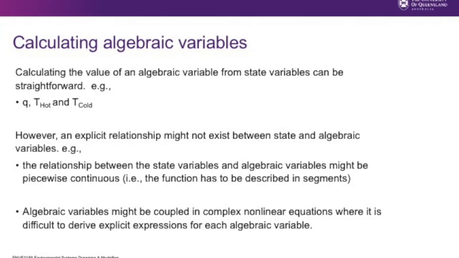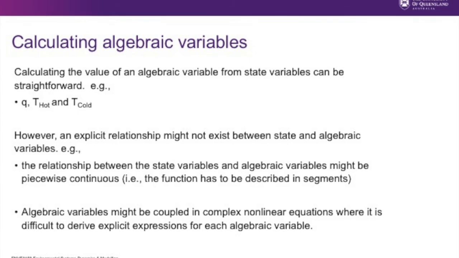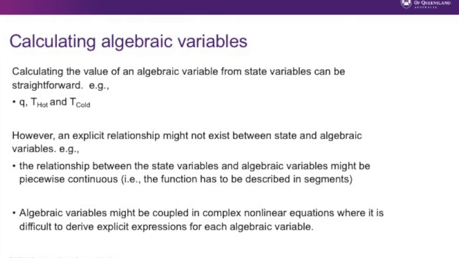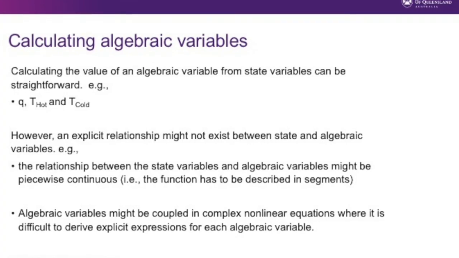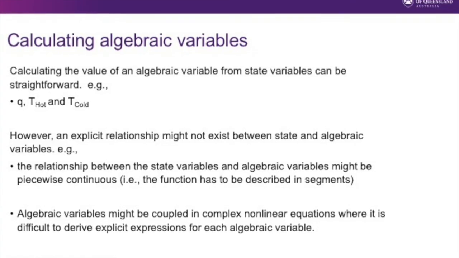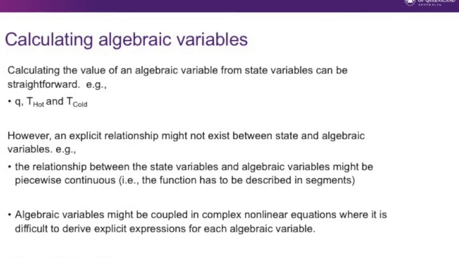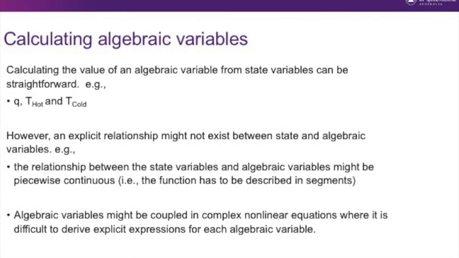And also because in some cases there are no explicit relationships that exist between the state and the algebraic variable. So we may not have an equation, and what we will have is actually a function that has been described in segments.